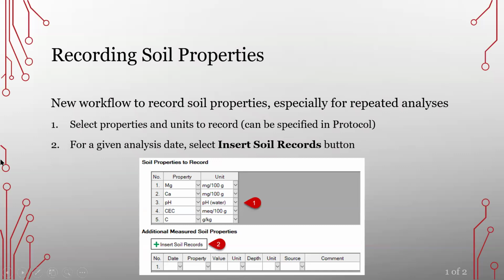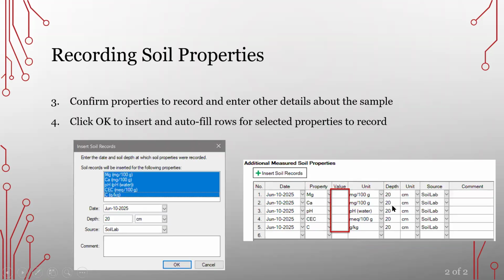So you fill in this top table here, kind of planning out those entities. Then in the trial, when you actually have a sample that's been processed, there's a button to insert soil records. And this will spin up a wizard that will guide you through putting in that data.